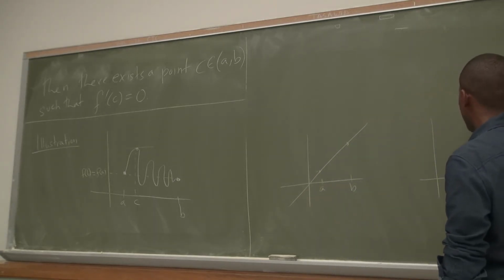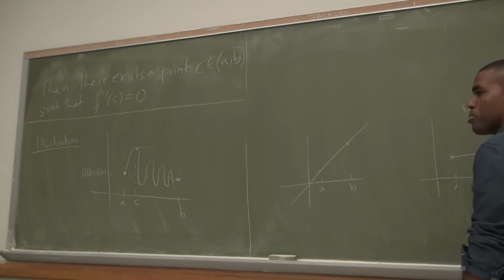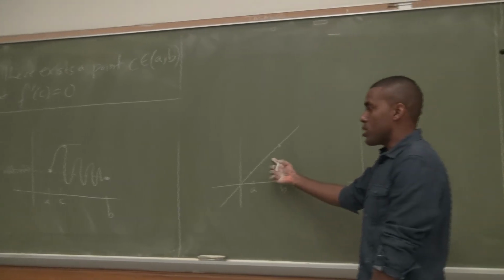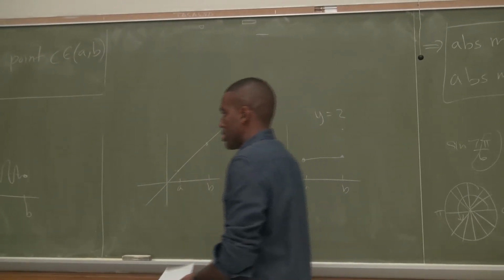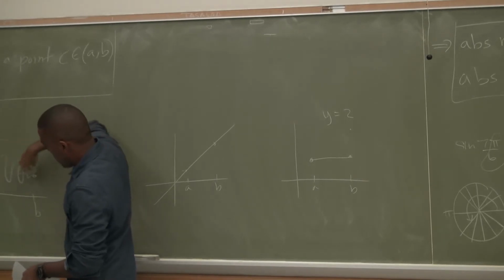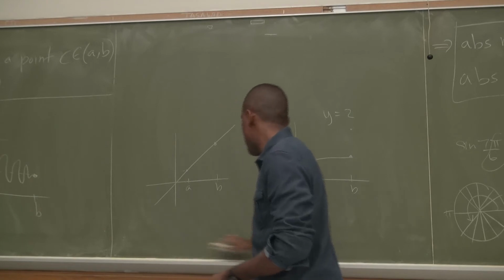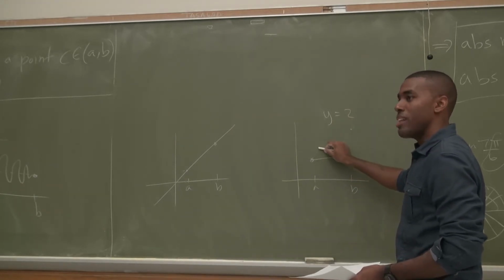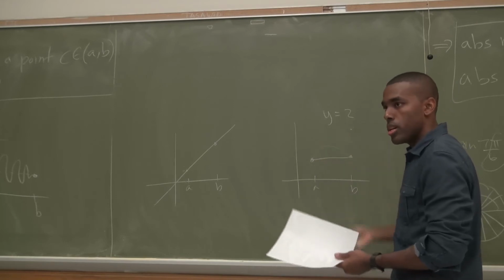If you say y equals 2 between any a and b, then every point in between the slope is 0. Oh, yeah. It's actually true everywhere for horizontal. You can't apply it to 2x because the endpoints would not be the same value. As long as your endpoints have the same y value, you have to be horizontal at some point. Because either you stay constant, but once you deviate from that constant, you have to come back down. And when you make that turn at some point, you'll be a horizontal tangent.